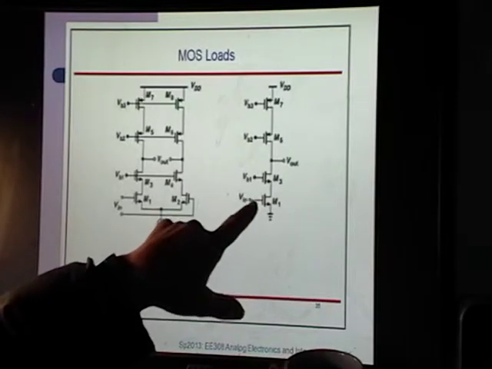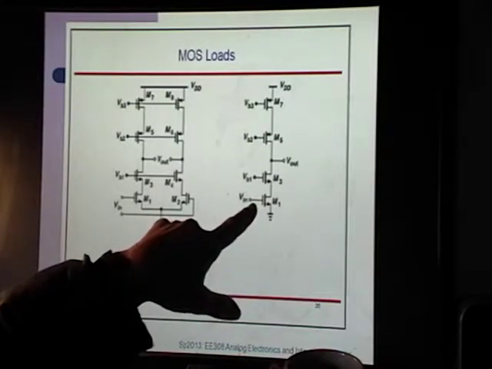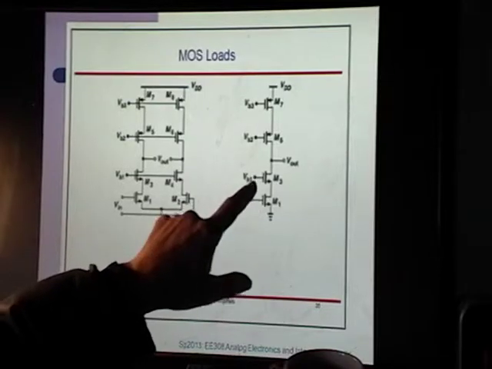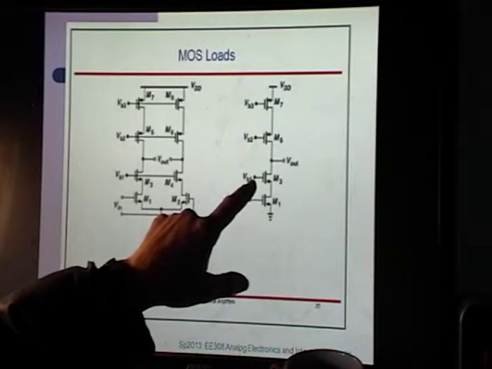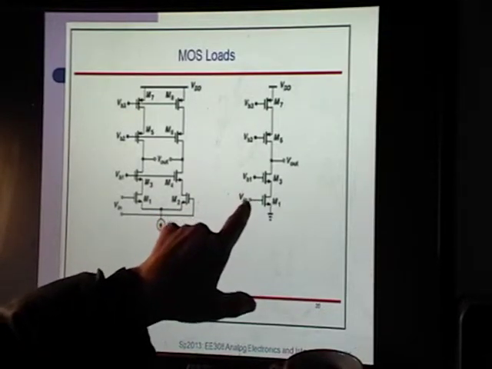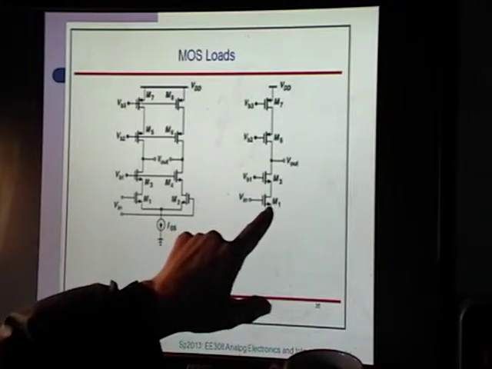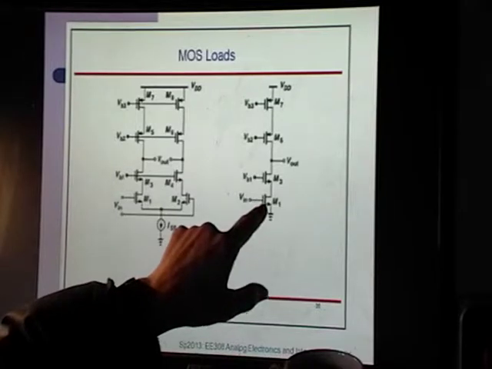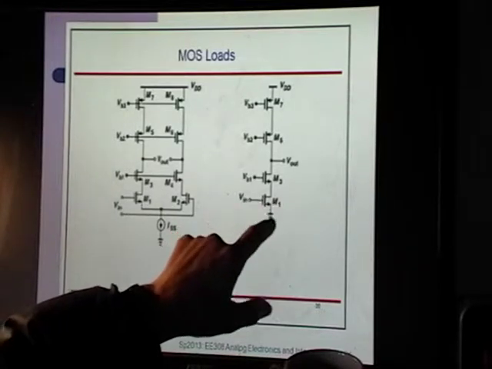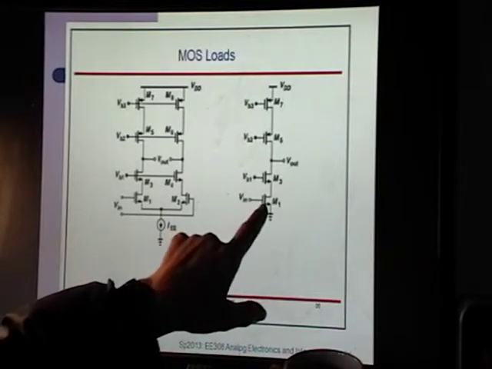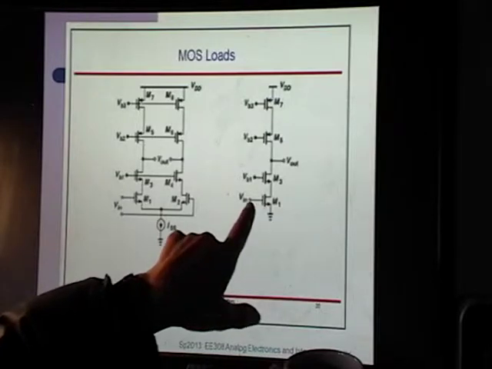One very common error people make is they put V in on this second transistor. If you do that, just think about it. If you had V bias onto here, when you do small signal analysis, this becomes a ground.